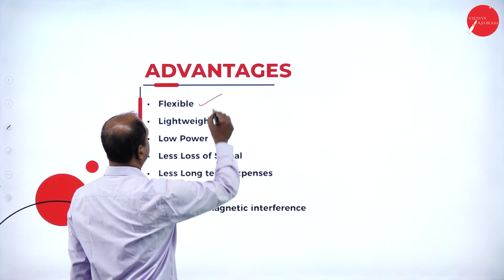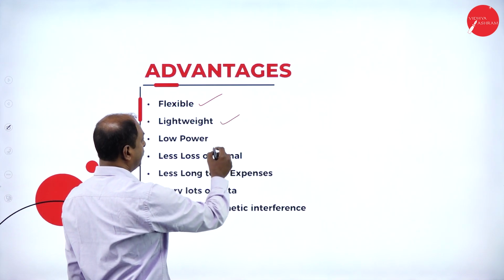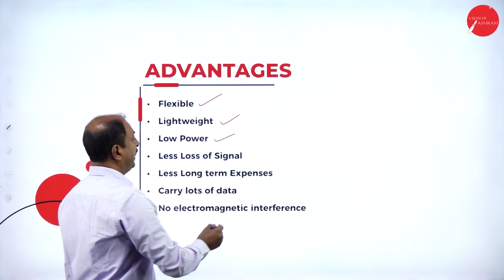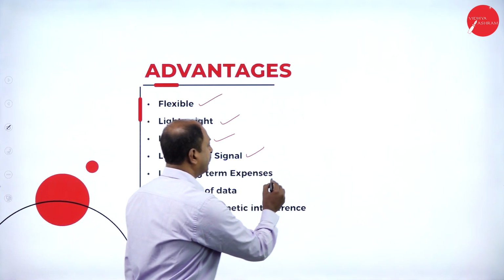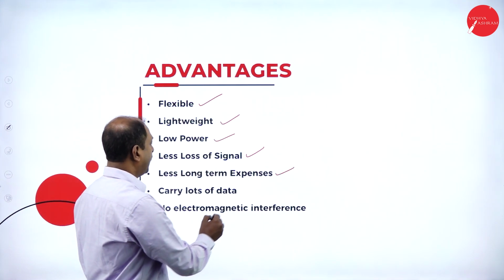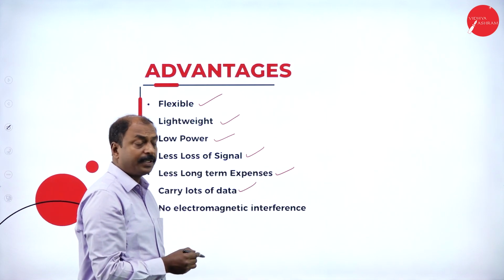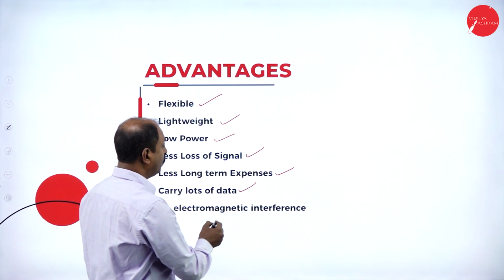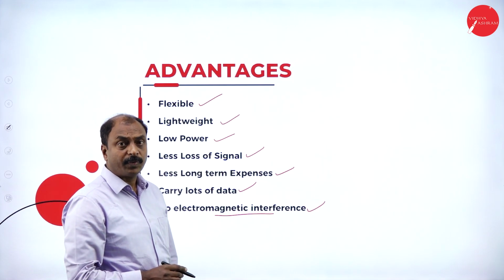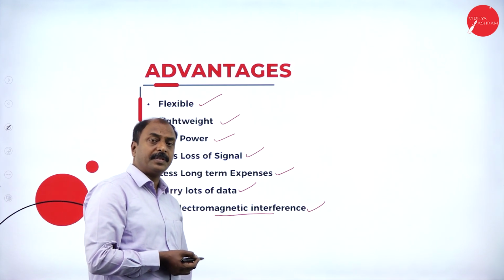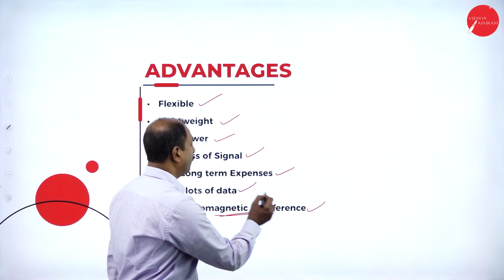They are flexible, lightweight, low power, with less loss of signal and lower long-term expenses, and they carry lots of data. There is high bandwidth, and no electromagnetic interference because it works with the concept of optics, or light.